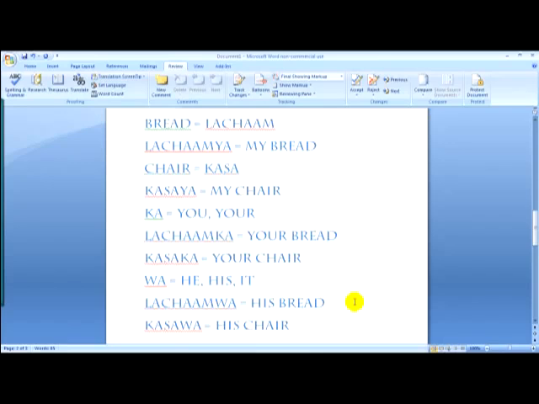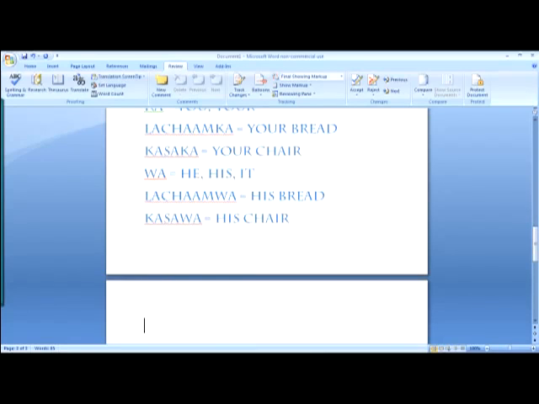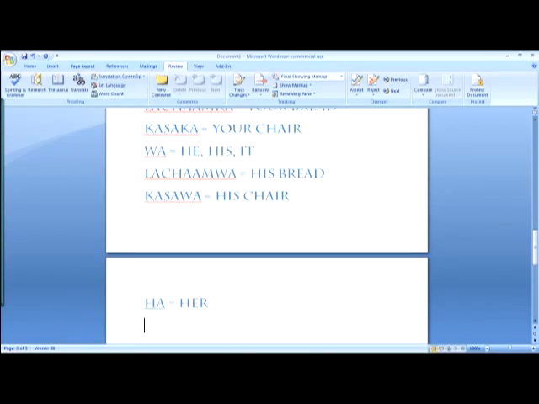Alright, so now the next letter we're going to deal with is the letter ha. Whenever you see the letter ha at the end of a word, it means her. What it does is it makes a word feminine. Now I'm gonna give you an example.